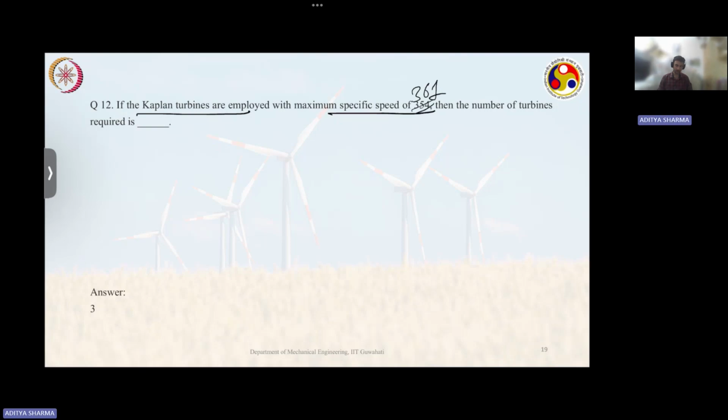I have kept the answer within the discharge limit, keeping the power developed in view. Okay, and I've kept it within that limit.